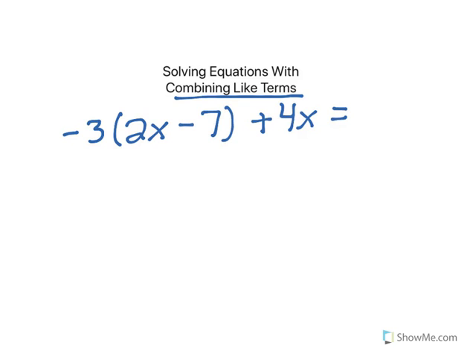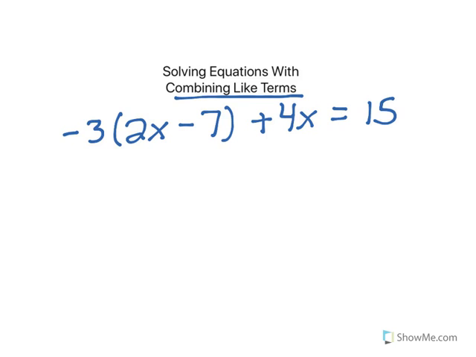All right, so our first example, we're going to start with something like -3 times (2x minus 7) plus 4x is equal to 15. Remember, we talked about yesterday that anytime we see parentheses, we want to use our distributive property and multiply out of them.